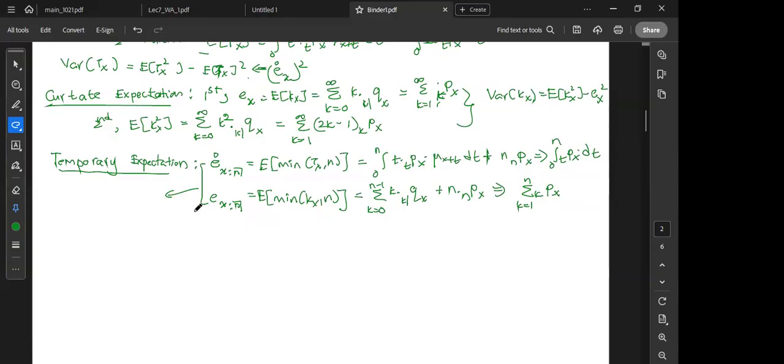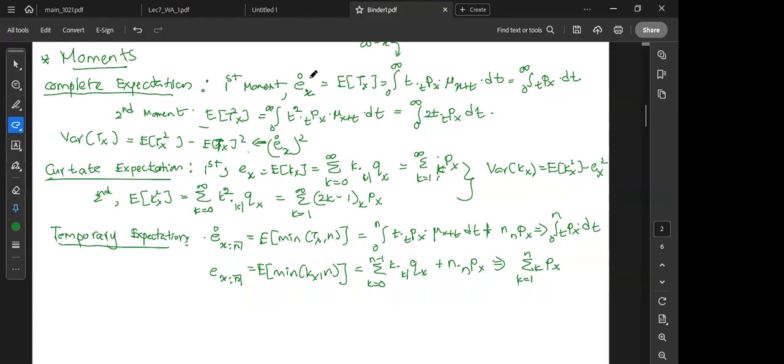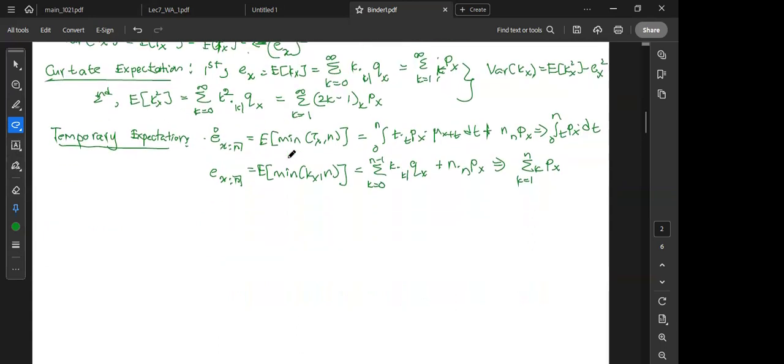And now the next concept is we have a relationship between the complete future expectation and the curtailed one. So we don't have to worry about calculating these two on two separate occasions. We can define a rough approximation for the complete expectation and the curtailed expectation like this.